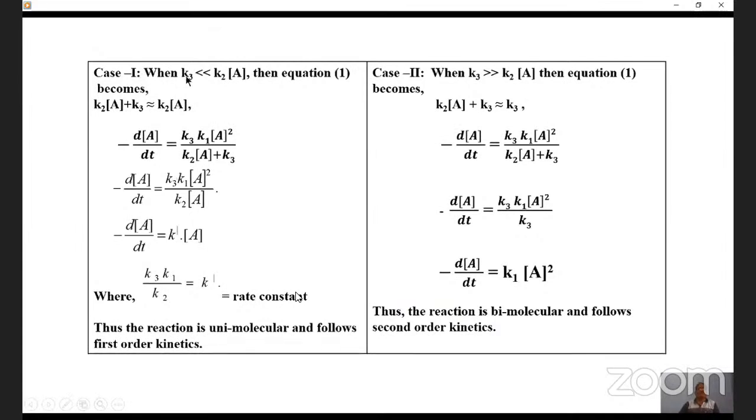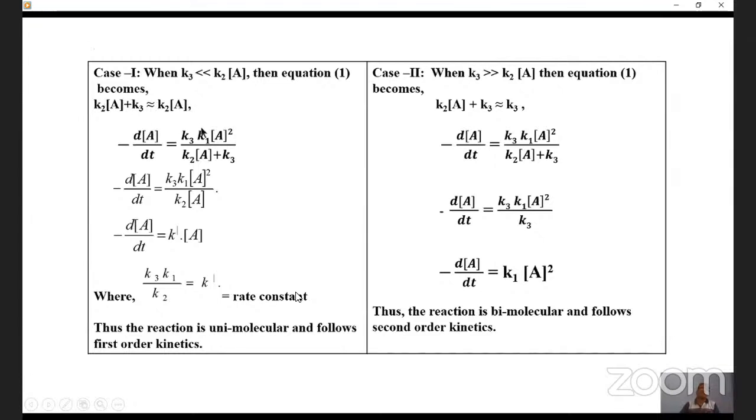Case first. When K3 is smaller than K2A, this means that the rate of decomposition is less than the rate of deactivation. Under this condition, the denominator of the above equation number 1, K2A plus K3, is approximately equal to K2A.